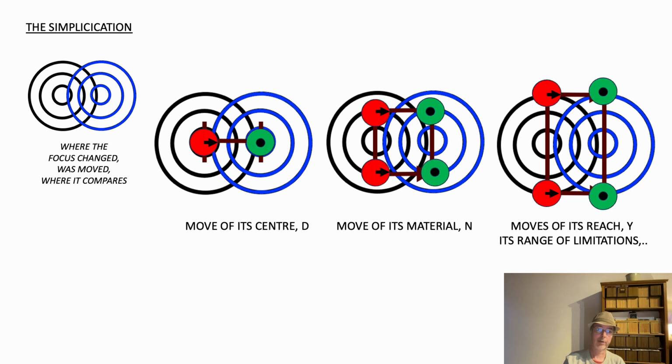Here a bit more in detail, so you can see the move of its center, the move of its material, and the move of its limitations towards a different range.